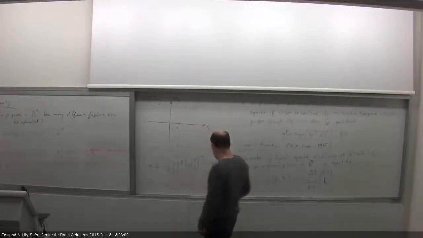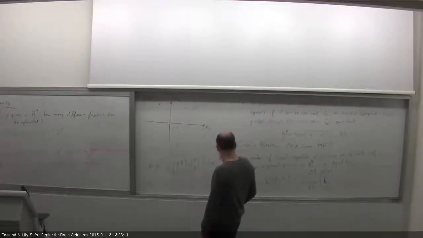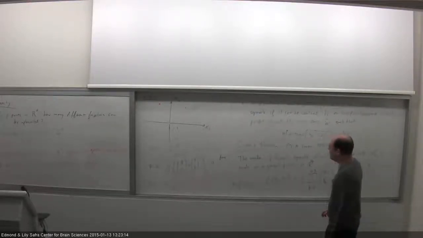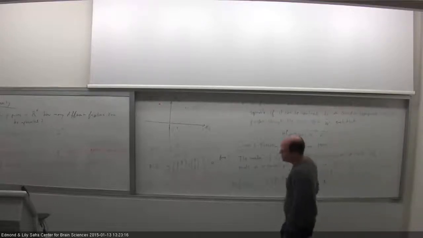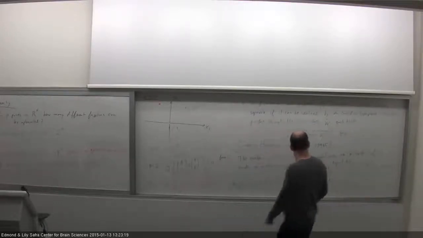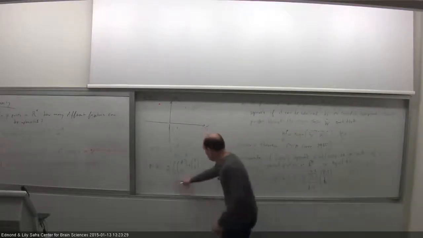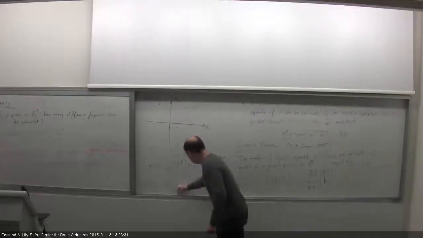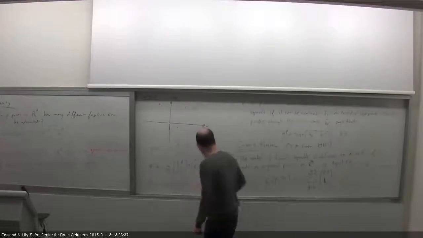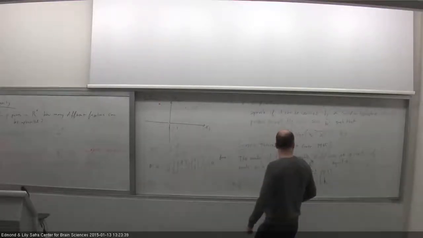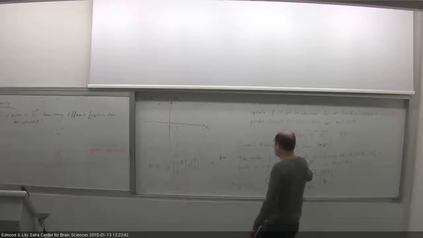No, something is wrong here. k goes from 0 to n minus 1, n is the dimensionality, right?